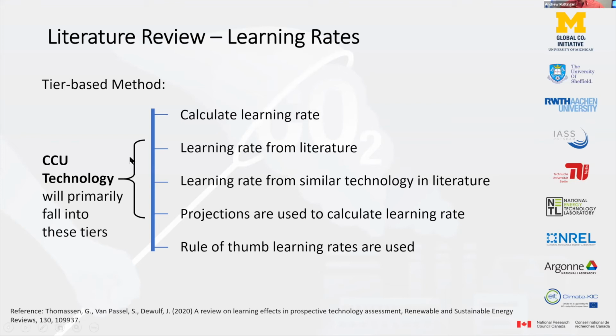However, something like a hydrogen fuel cell may have been demonstrated and is a little further along in its learning curve or its TRL. The technology there is quite similar in terms of the electrocatalysis side. So you might use learning rates demonstrated there and apply them to CO2 electrocatalysis. And then, of course, you can go further down this rung and use things like general rule of thumb learning rates or other projections.